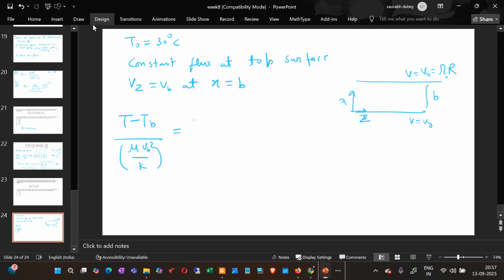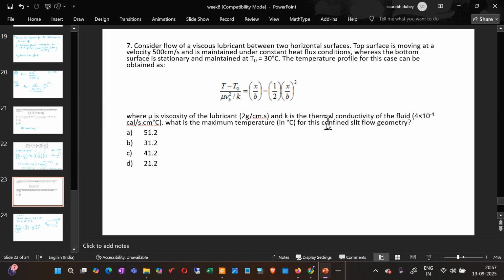Minus 1 by 2, right? So whatever is asked here, what is the maximum temperature for this confined slit flow geometry?